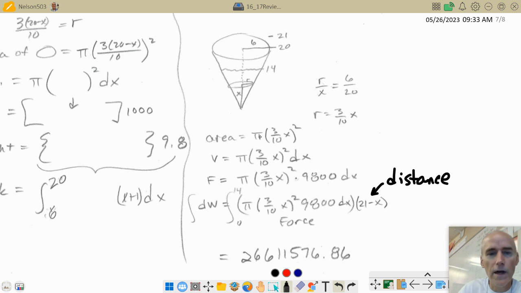So that's the area of that little disk right there. Then I multiply by 9,800 to get the force, or the weight of that disk. And then, the dx part is for the thickness of that disk, right? So that gives me a volume. So this is the area times the thickness gives me the volume, and then times the 9,800 to get the weight.